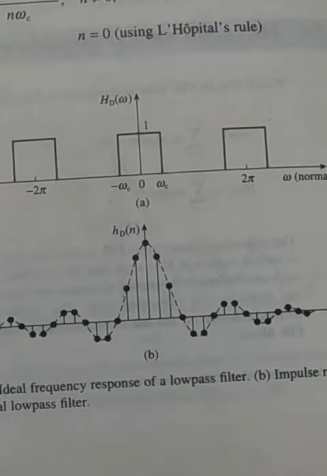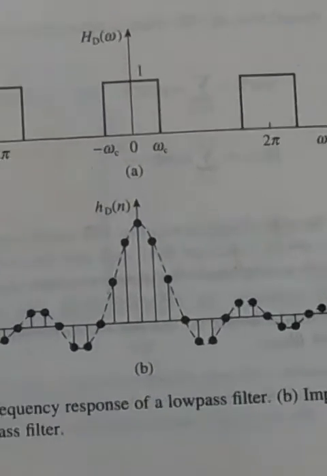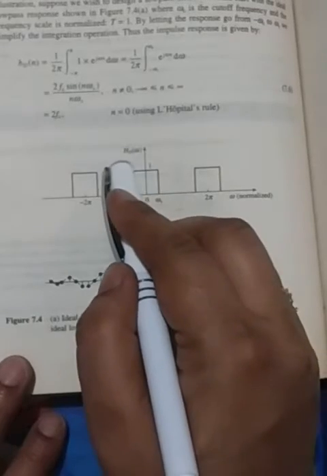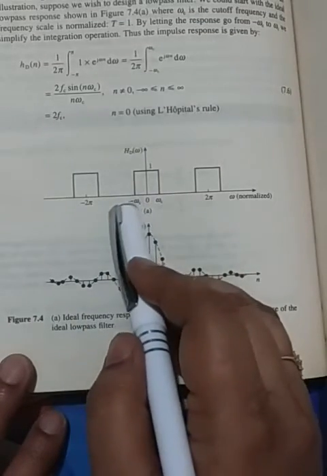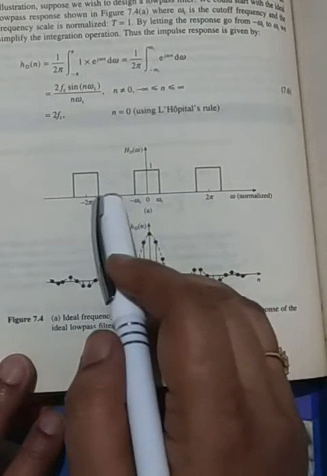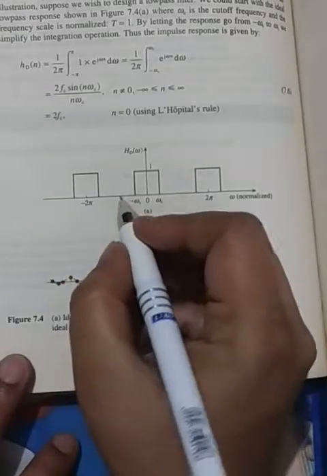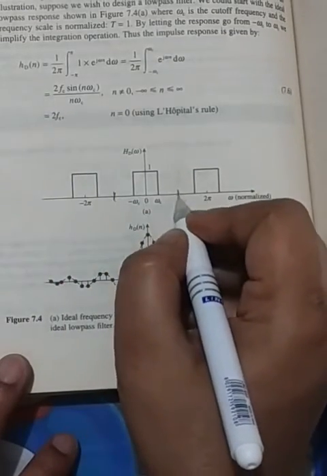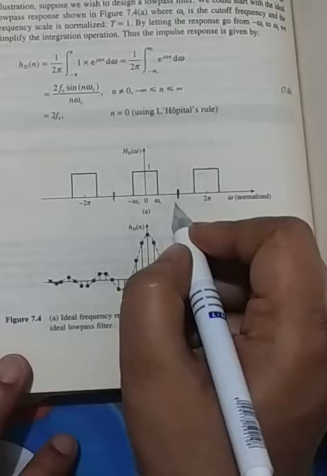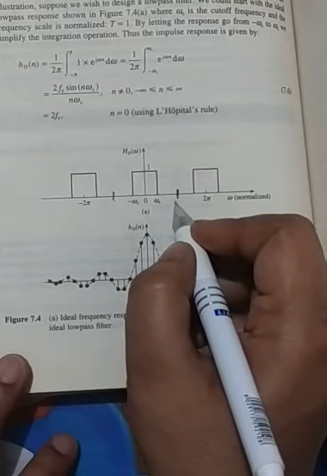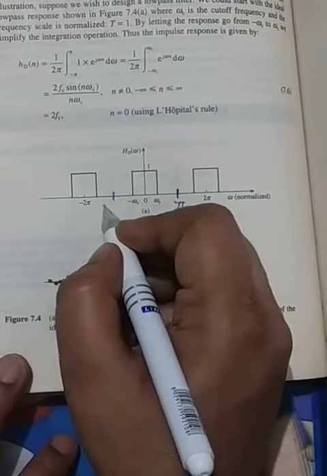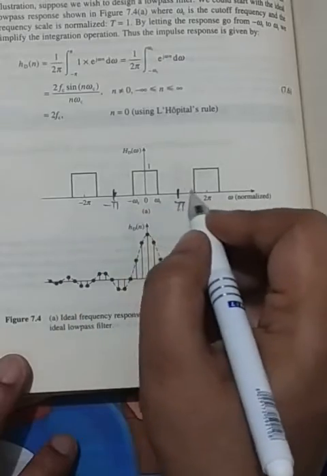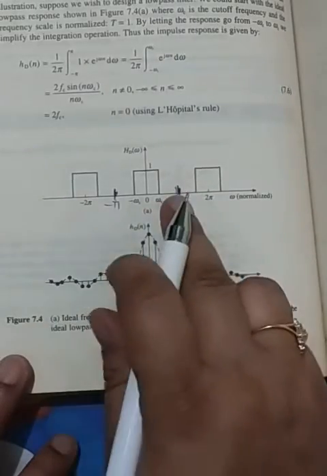Meaning that in this case, this is the desired response. This desired response has repetition because it is a periodic signal. It varies from minus pi to pi, so one period is in this region, and after this it will start repeating itself.